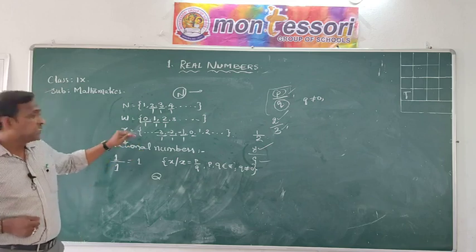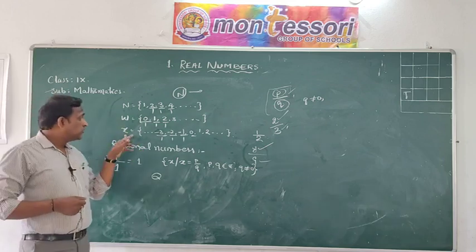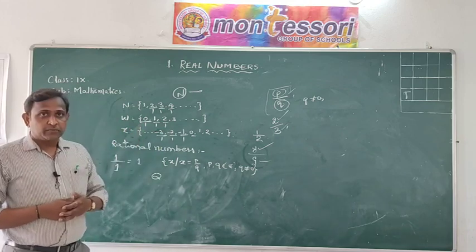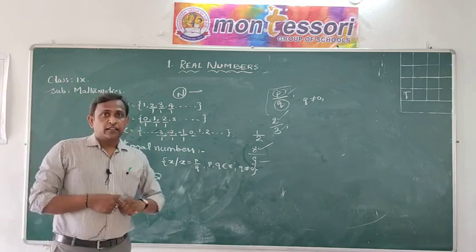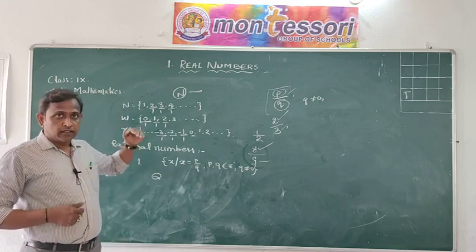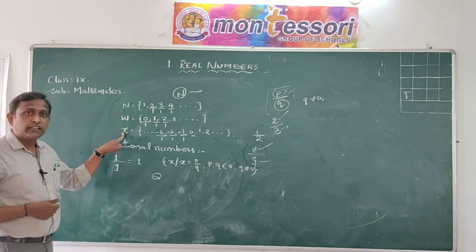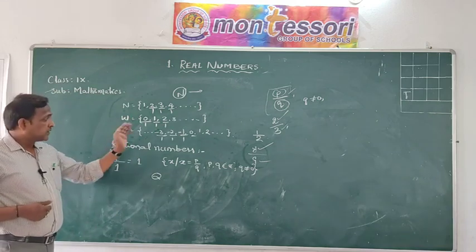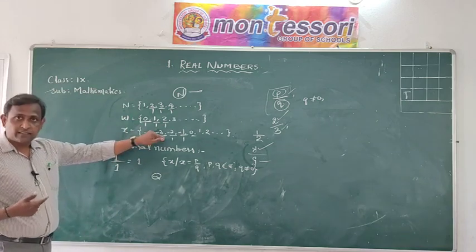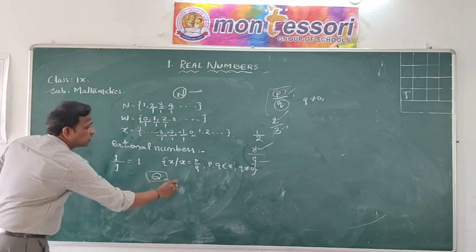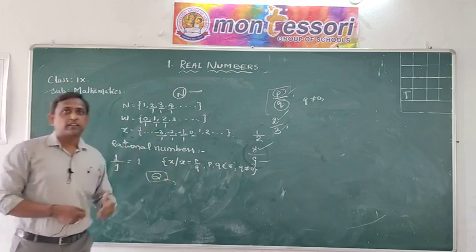Later we can discuss this point, but now why did we use Z to explain these integers? Actually in the German word, Zahlen expresses numbers, so we are taking Z to express these integers. And why did we use the letter Q to express rational numbers?